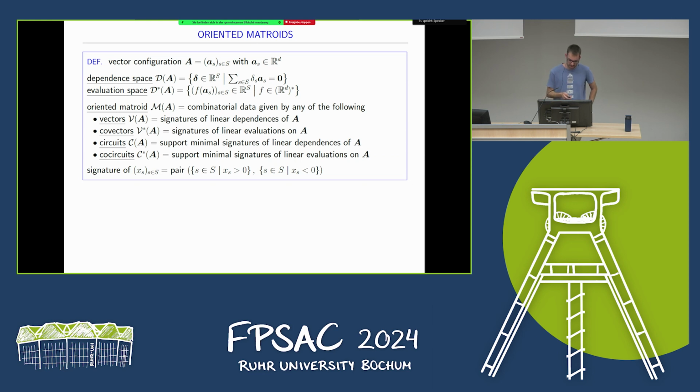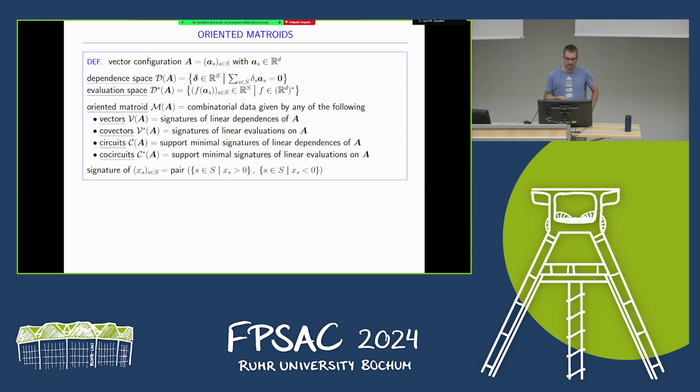which is a combinatorial data which encodes the linear dependencies and the linear evaluations of A. For this, the first thing is that if I have a tuple of reals, I will associate a combinatorial data: I remember which of the entries are negative, which ones are positive, and which are 0. I call that the signature of this tuple.